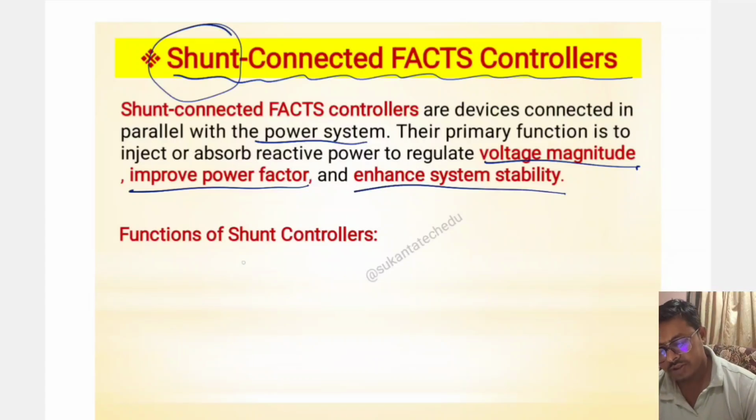Now we'll see a little more about the function of these controllers.